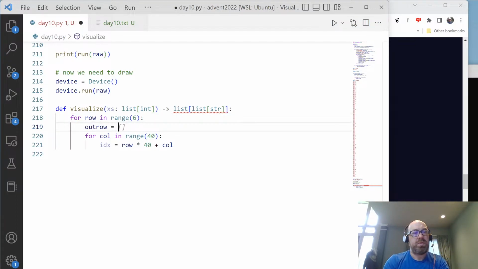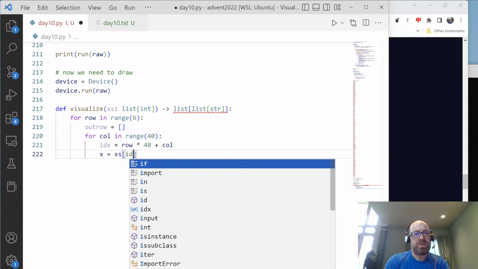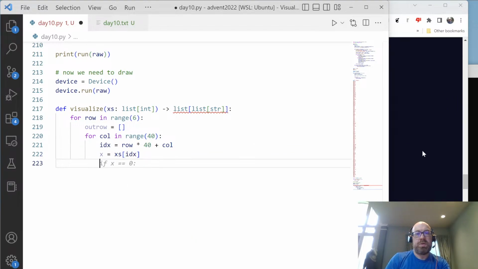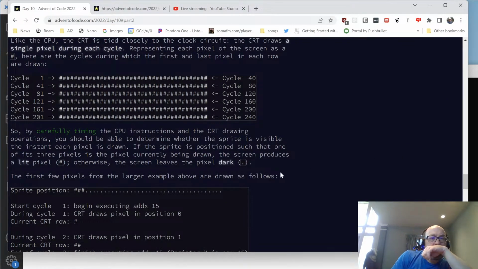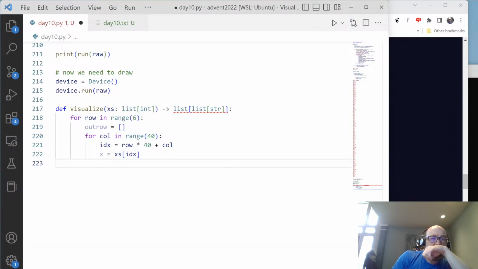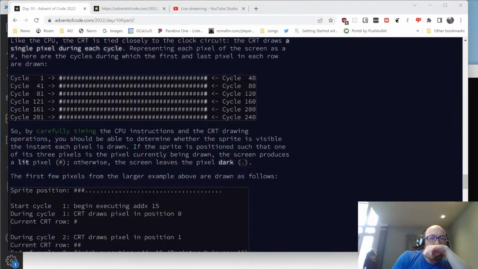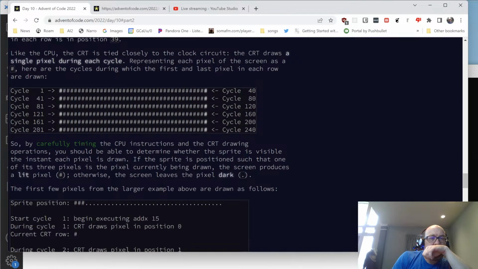Okay, row equals this, index equals x equals x's index. And now what I want is if the sprite position, one of its 3 pixels, is the pixel currently being drawn. But again, there's an off by 1 thing, right?